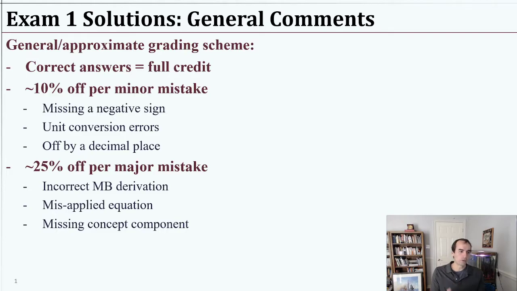Now, if you have multiple conceptual problems, you used the wrong mass balance, you didn't convert any of the units, and perhaps you just really did not even set up a mass balance in the first place, or you misidentified what the question was asking for, then you're looking at more like 75% of the credit taken away. So it will scale with how much you've shown me that you've learned. That's my goal, really, as a measure of how much you learned.